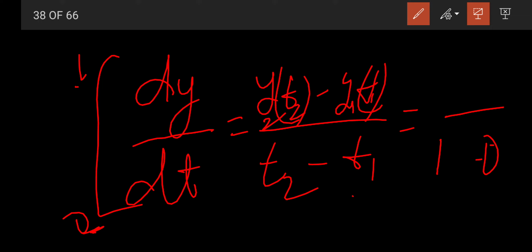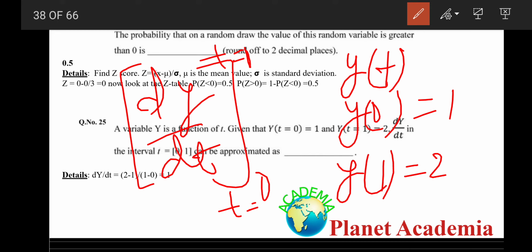The value of y2 at t2 is 2, the value of y1 at t1 is 1. So what is the answer? 1. Okay, so easy.